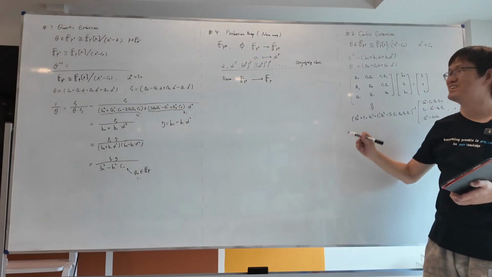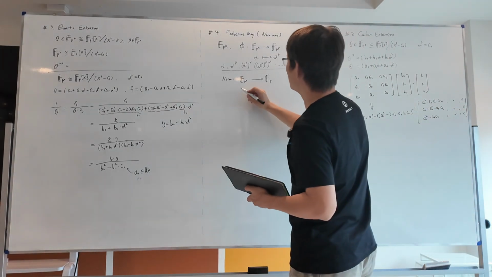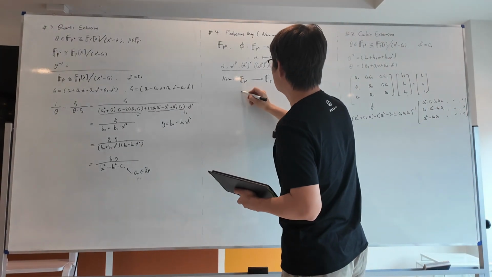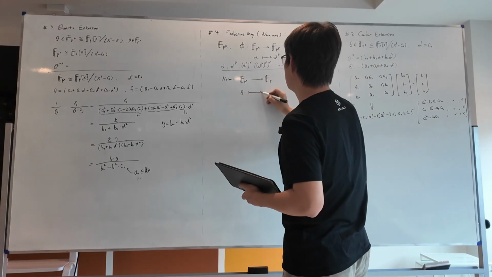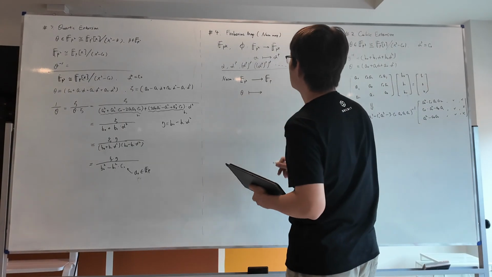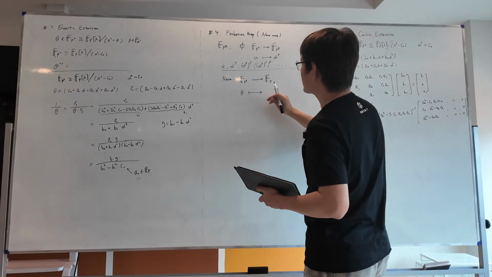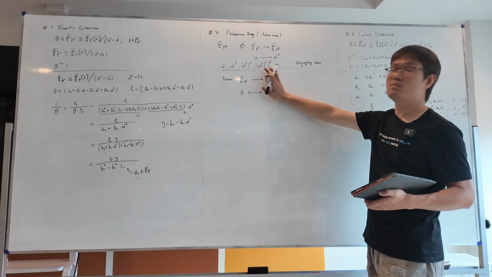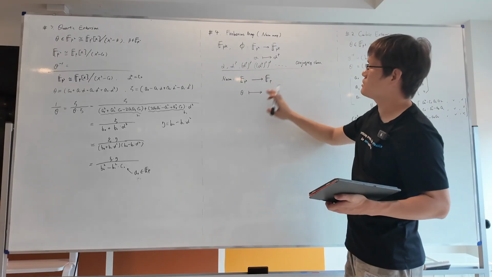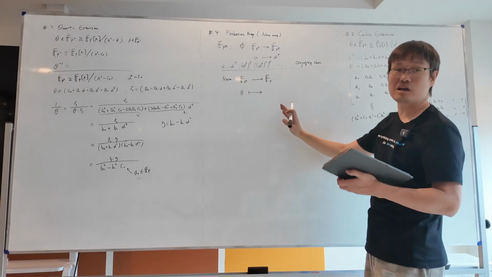The definition of the norm map: given theta, literally we multiply all the conjugates of theta together.